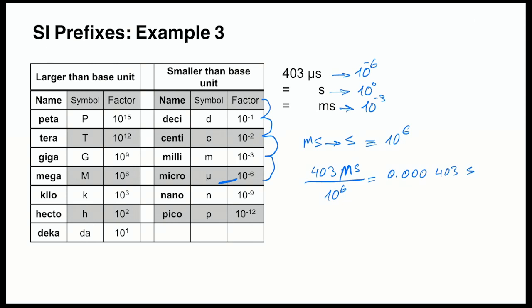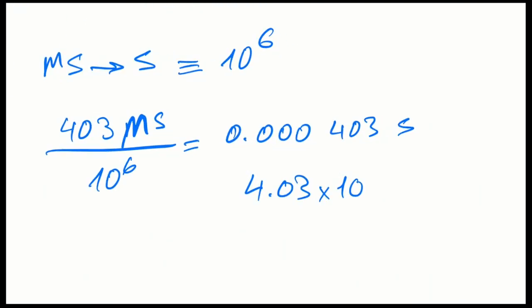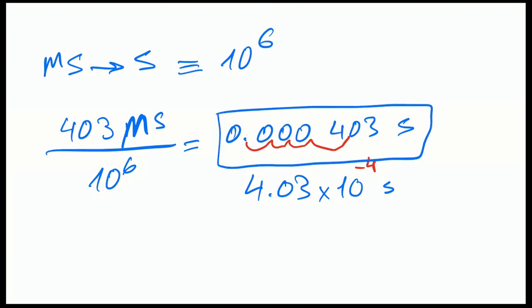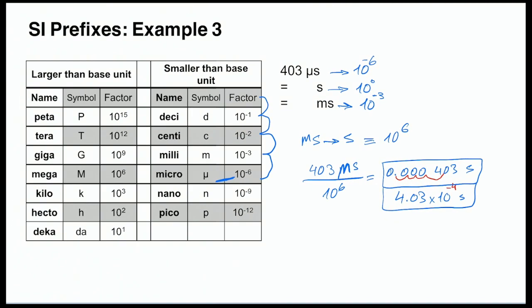Now, if I want to do it in scientific notation, it's going to be 4.03 times 10 to the power of something. And that something we have discussed before is 1, 2, 3, 4 locations, 4 spaces. Okay, so that is still in seconds. This is the decimal format, and this is your scientific format for the same number, same conversion.